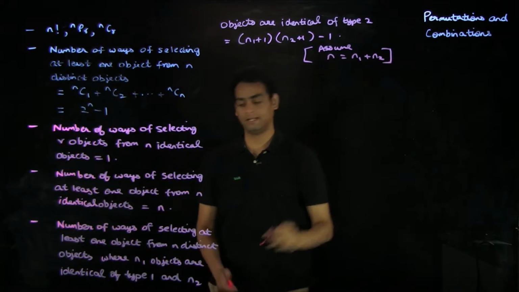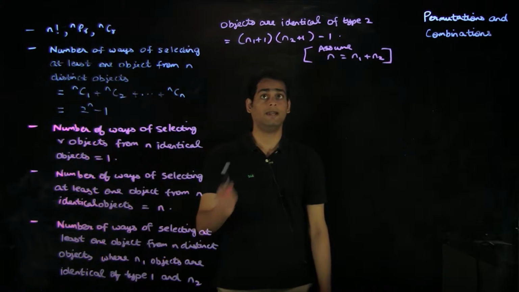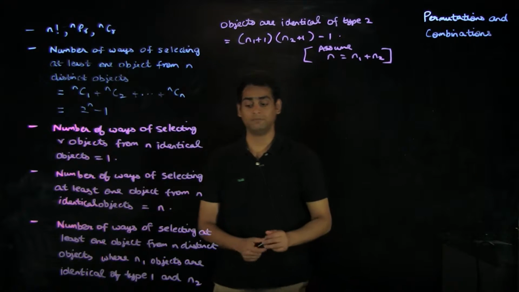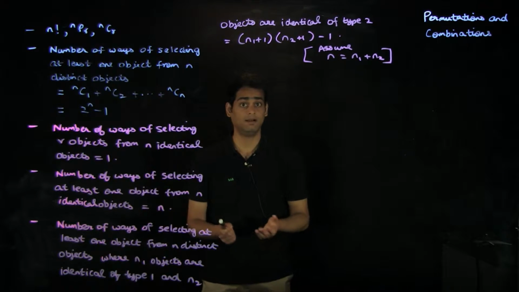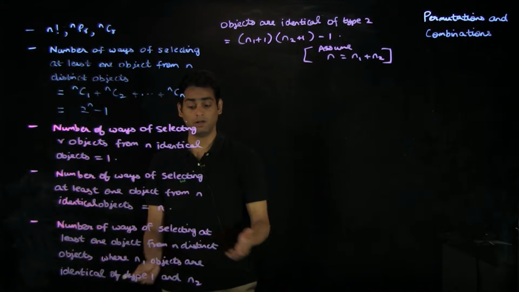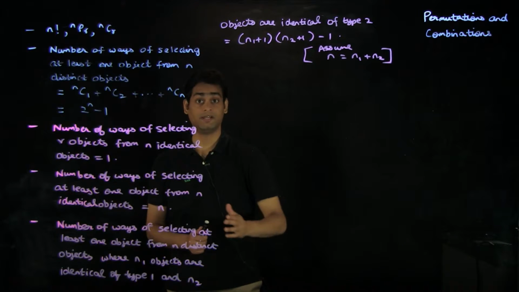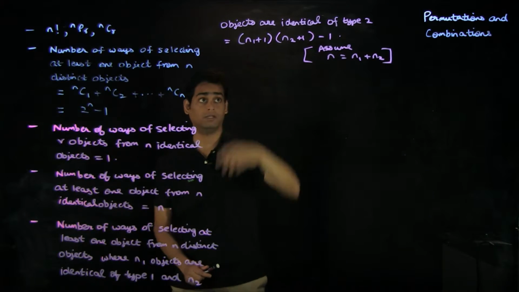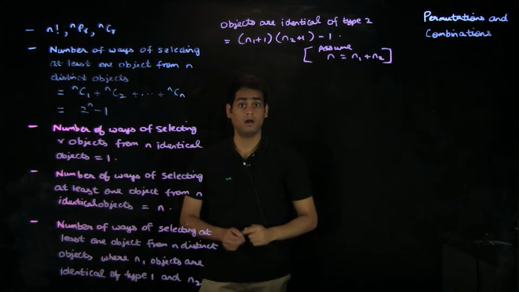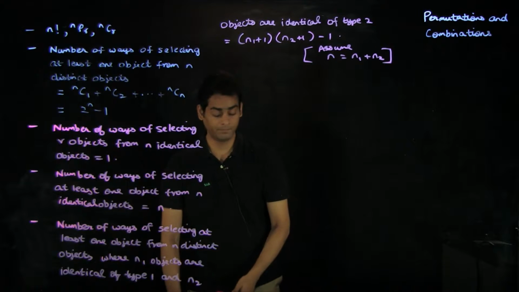So the set of n objects is divided into two types, where we have n1 objects of type 1 and n2 objects of type 2, and the objects of type 1 are identical to each other and the objects of type 2 are identical to each other. So the number of ways of selecting at least one object from these n objects is (n1 plus 1) times (n2 plus 1), and you subtract 1 for the case when you don't select any object.